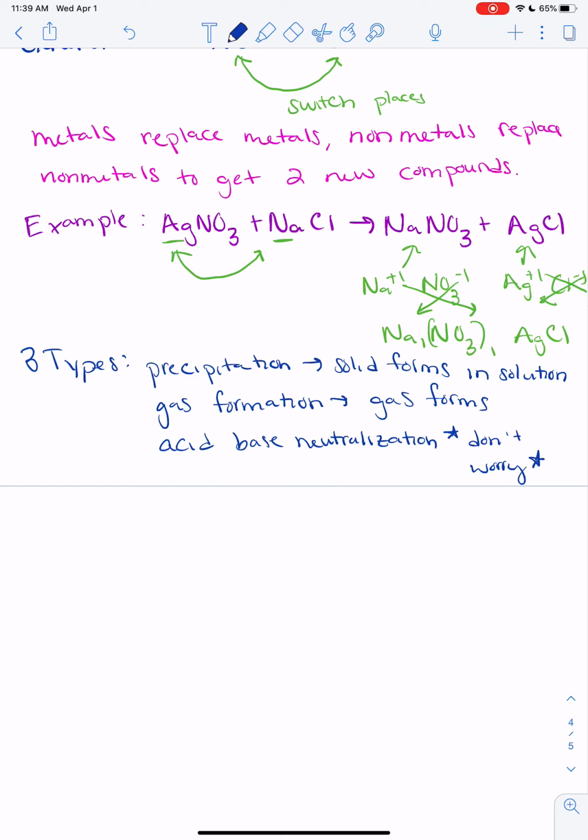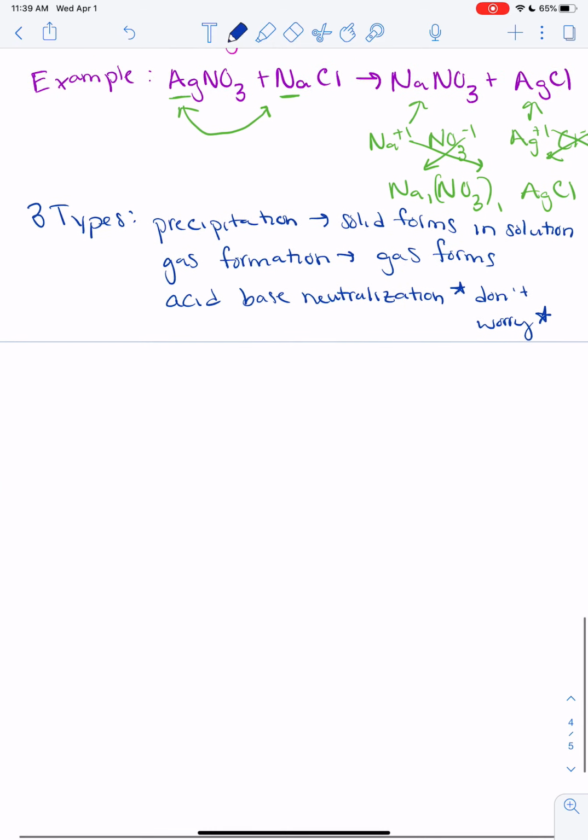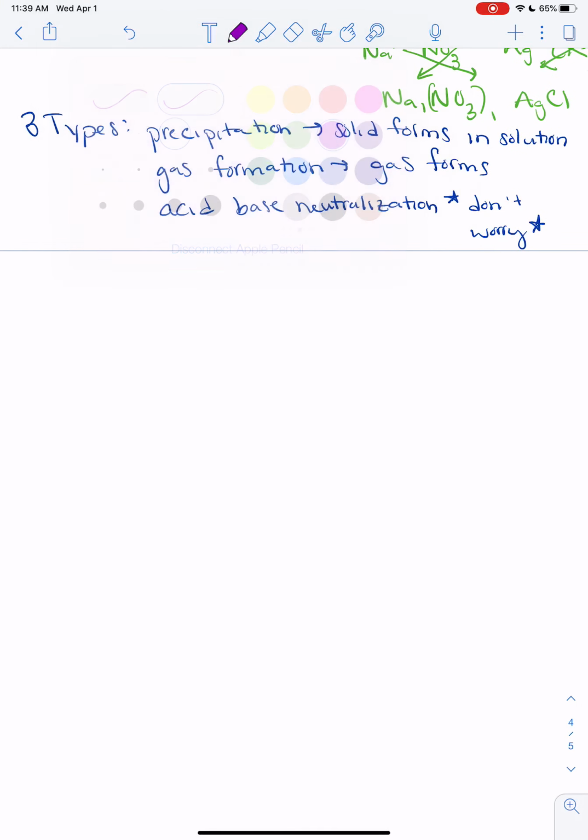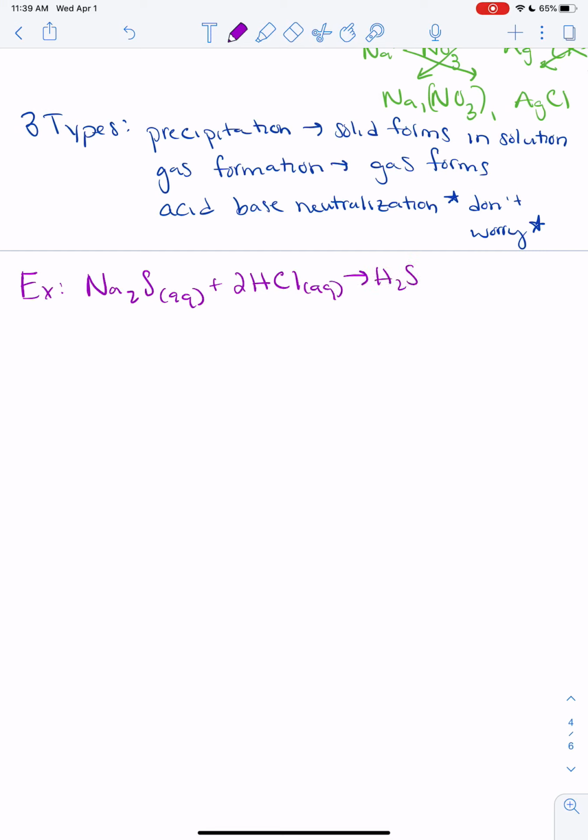Okay. All right. So how we could look and determine what type our double replacement reaction is, we have to look at our state symbols. So if we have an example here, let's say Na2S(aq) plus 2HCl(aq) yields H2S(g) plus 2NaCl(aq).